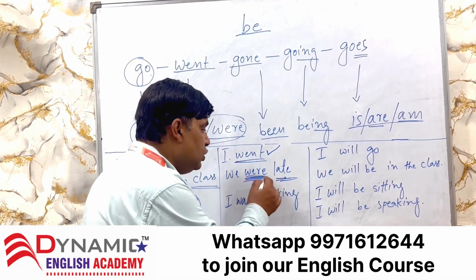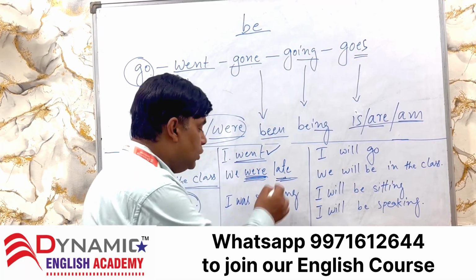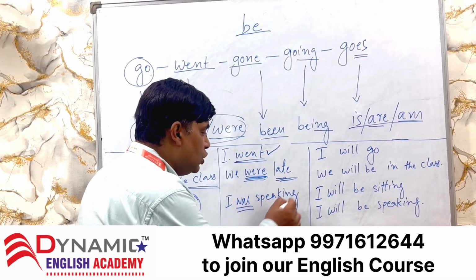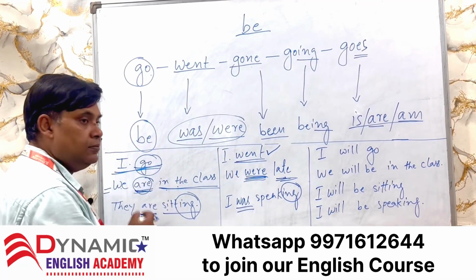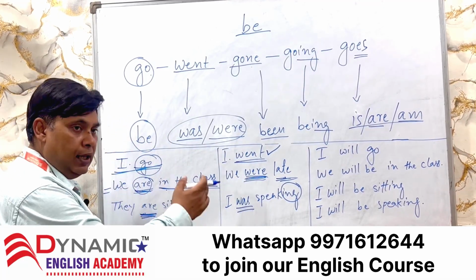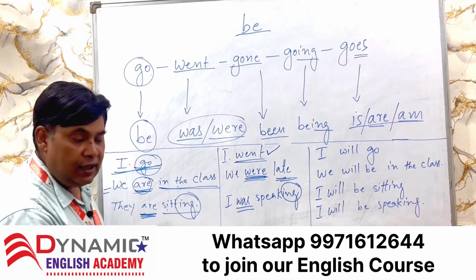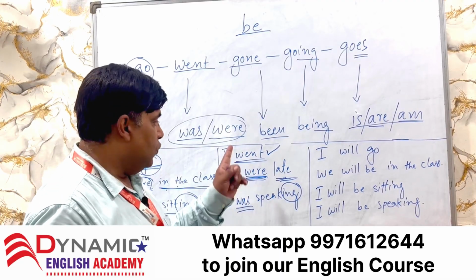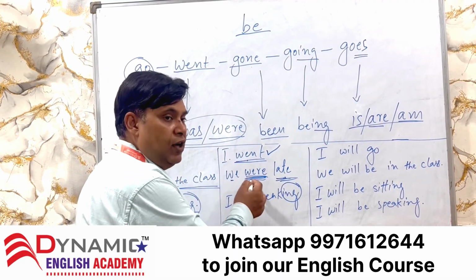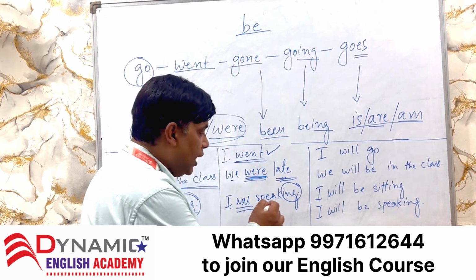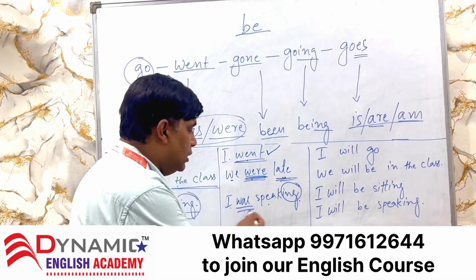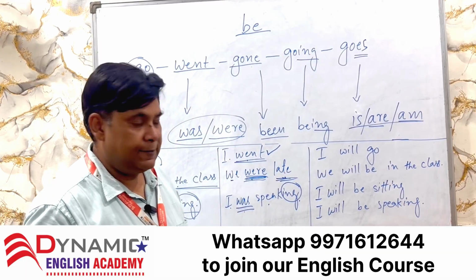So was, were we use if we don't have action word, or if you have action word we must use ing with that. So present, I go, we are in the class, they are sitting. Past, I went, which is action word. We were late without action. I was speaking, action with ing, and it is past continuous sentence.